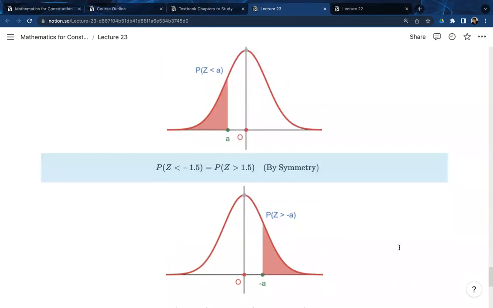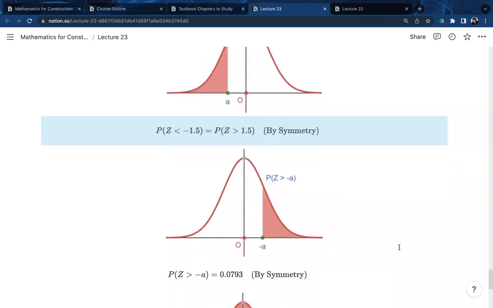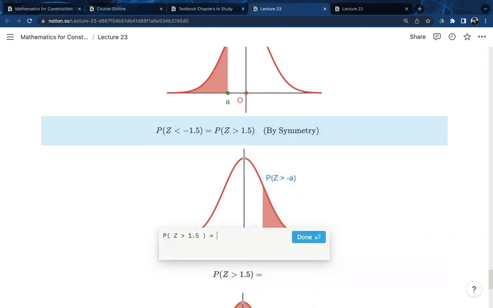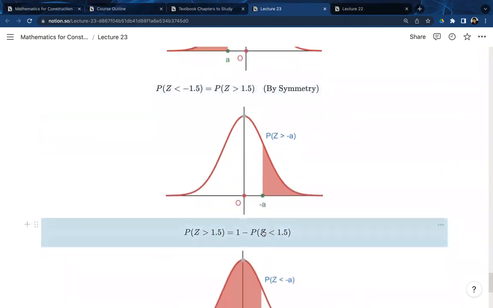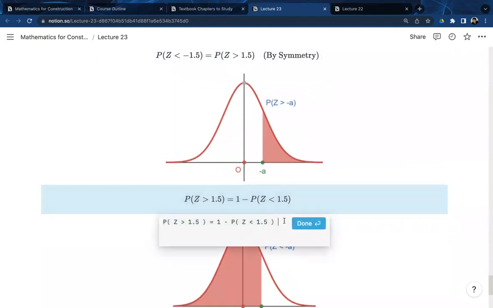See, these two areas here are equal. Now the probability that Z is more than 1.5 is equal to 1 minus the probability that Z is less than a positive number. This one you can read from the table.